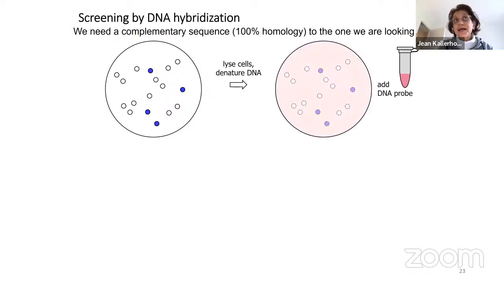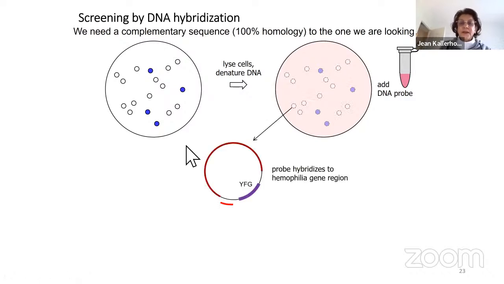And then we will add a probe. A probe is what I call the drone. It is like something that will look for a sequence to which it is complementary. So we add the probe on this membrane, and we incubate it for the night, right?